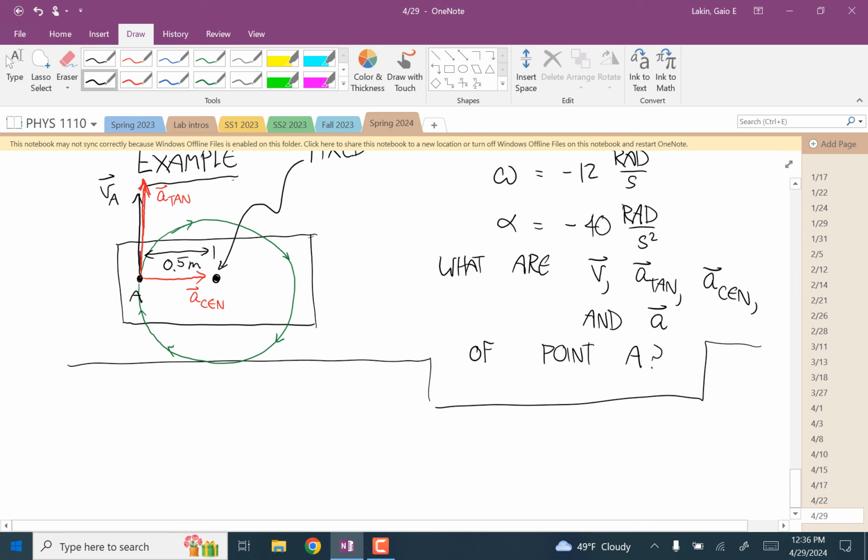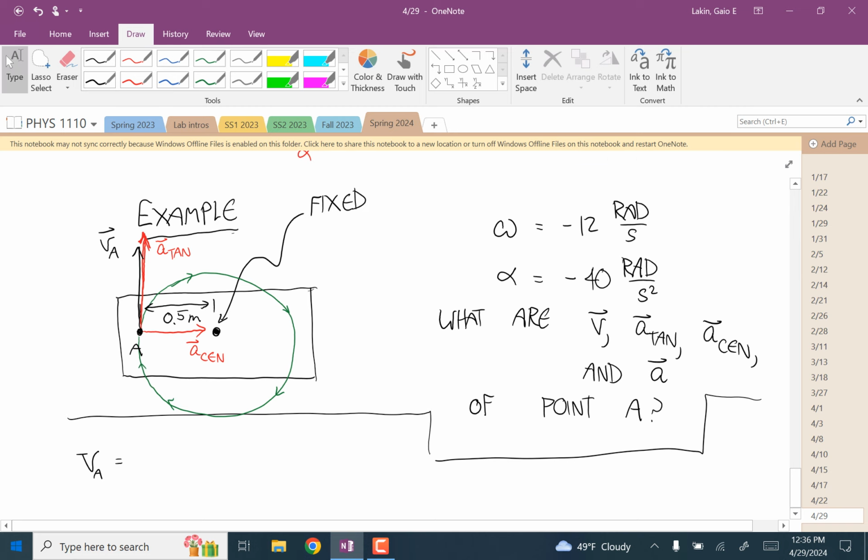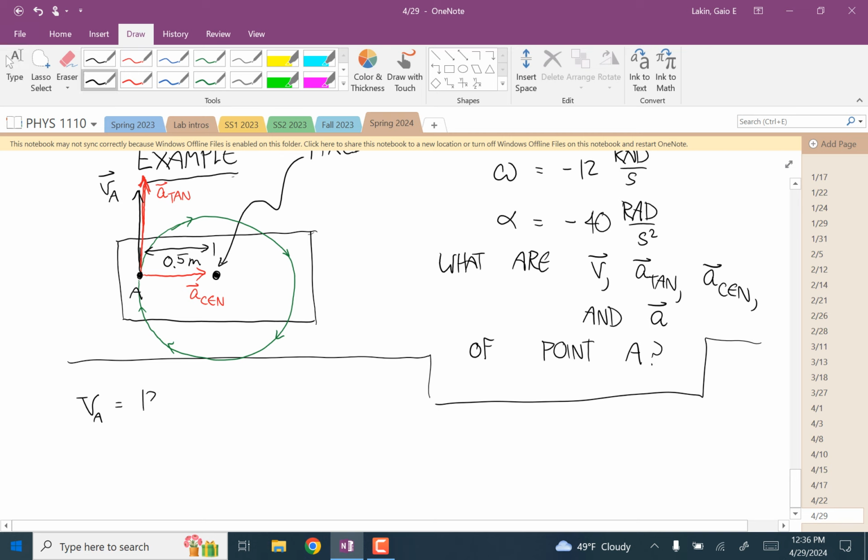Okay, so the velocity vector. Well, we know the speed is the absolute value of the angular velocity, so that's 12, times r, 0.5. And no dimensions matter for this shape except just the distance from the center to A, the fixed point A, okay?